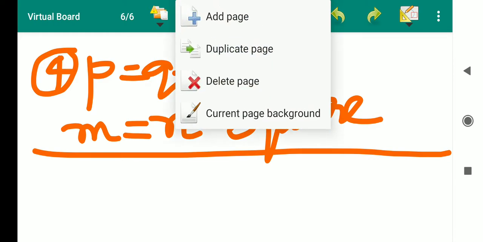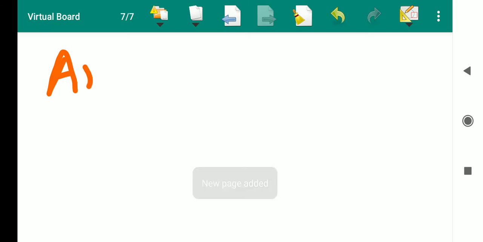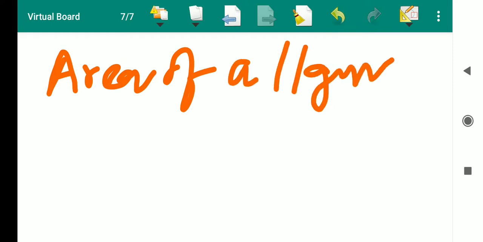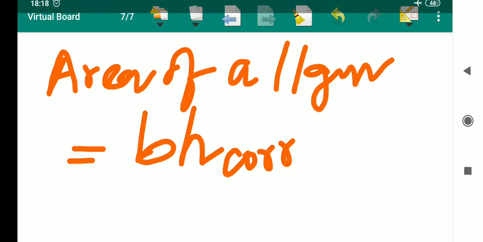Now I will go to the area of a parallelogram, equivalent to base into corresponding height.